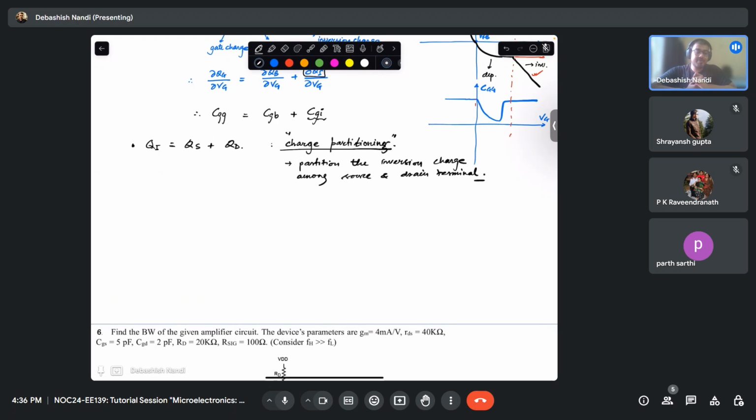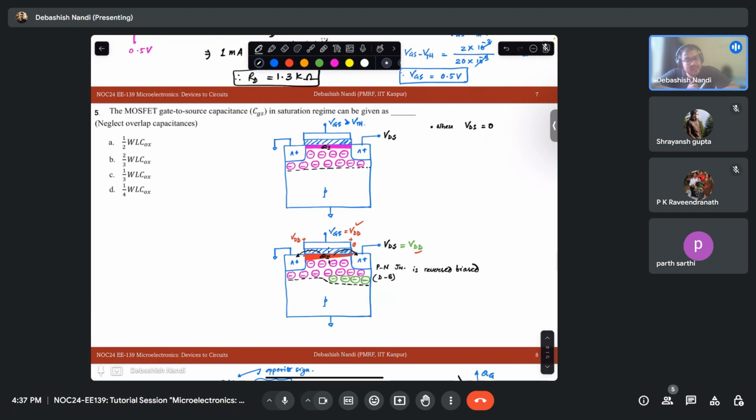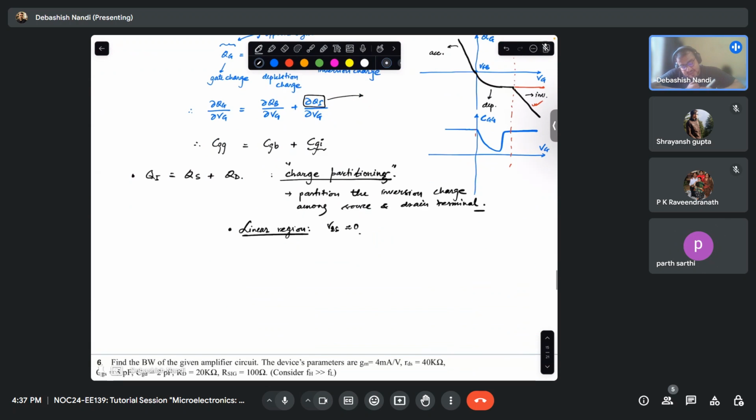So now what is happening? In case of linear region, or let's say when my VDS is almost equal to 0, this is like a rectangle, the inversion charge profile. Yes, sir. So I can assign 50% to source and 50% to drain, right?